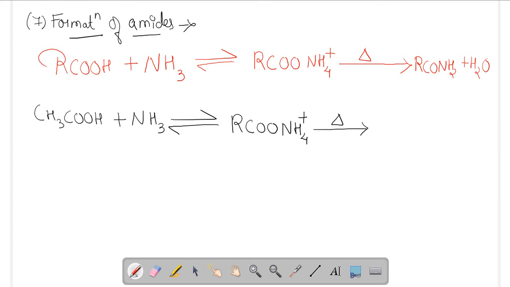On heating, the removal of water will take place here and the formation of amide, that is, in the place of R I will use CH3COO here, CH3CONH2, that is acid amide. Okay, that is acid amide.